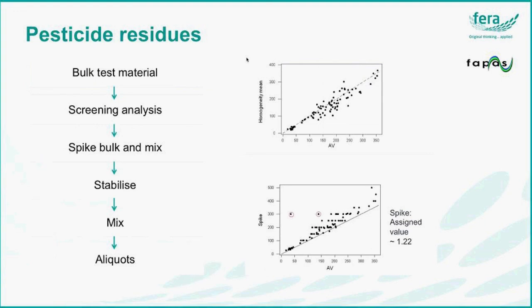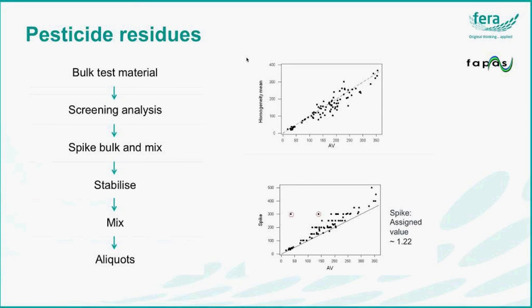For pesticide residues, there is a different effect. It's not analytical, but it is to do with the matrix effect of the sample. We prepare the material by taking a bulk matrix, screening it, spiking with pesticides, and then leaving it to stabilise, especially for cereal products.